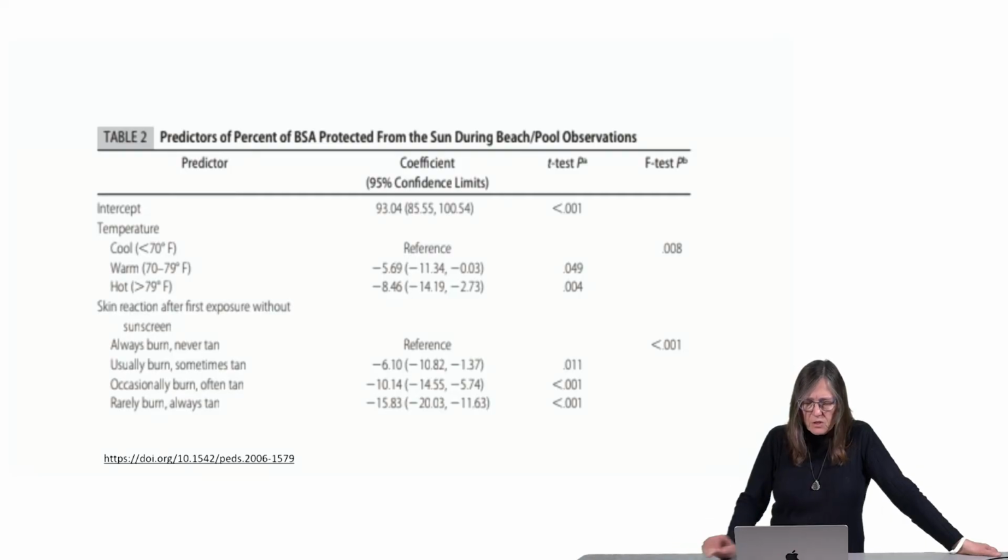And in this case, when you're looking at temperature, your reference category is cool, and you're going to be comparing warm to cool, hot to cool. And when you're looking at skin reaction after first exposure without sunscreen, your reference group is always burn, never tan, and those coefficients relate back to the always burn, never tan, the lowest category.